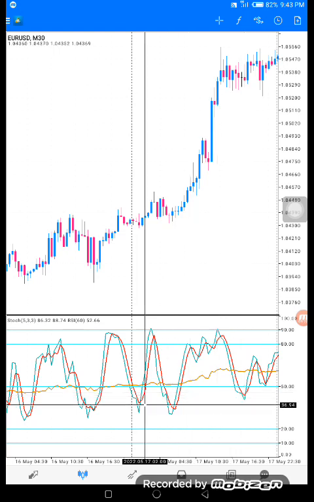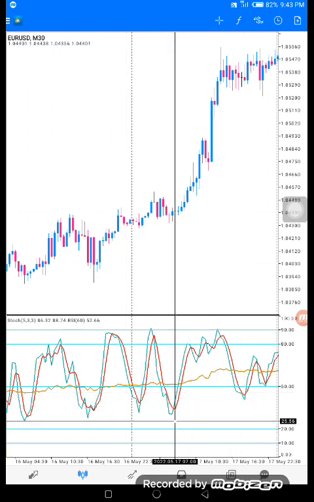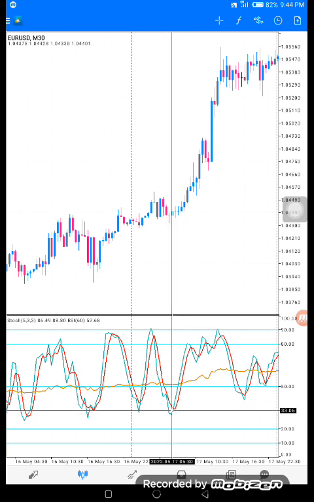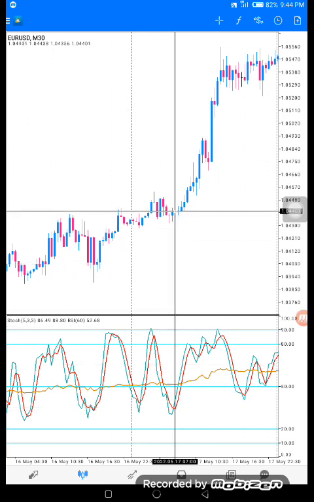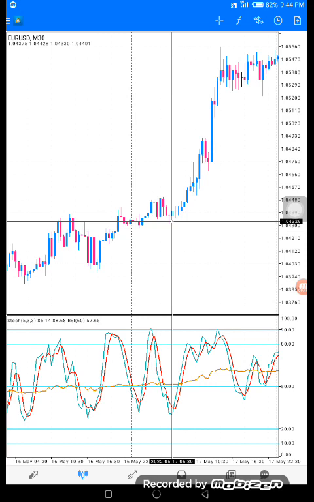For instance, I entered a trade at this crossover, and then at this crossover here. I entered a trade here, and my stop loss should be at this point, below the previous candle. You understand? That's where my stop loss should be.